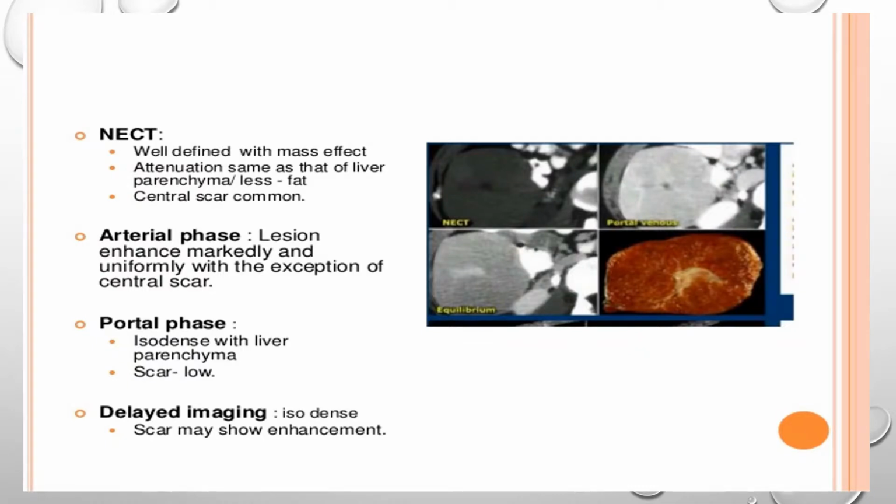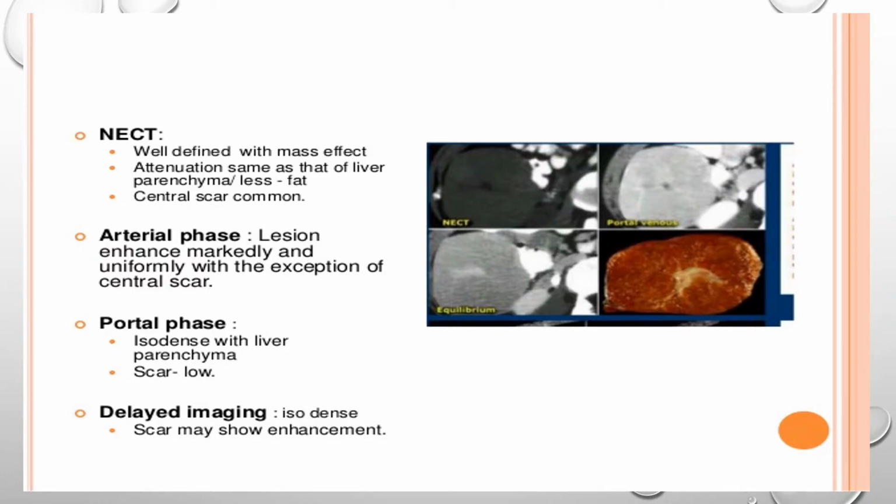In the arterial phase the lesion enhances markedly, whereas the scar does not enhance. So we go to the next phase. You can see it in the upper right. The lesion is enhanced, and the central area of hypodensity, which is the scar, is not enhanced.